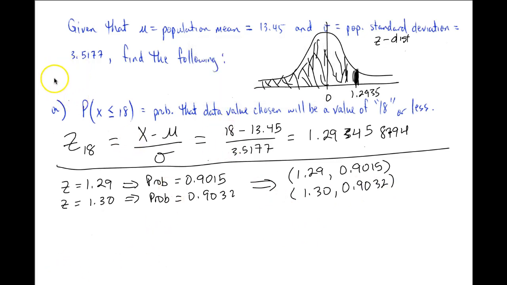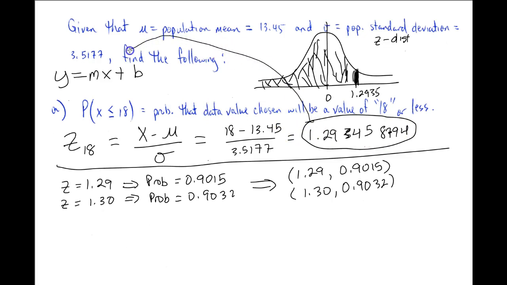Again, our goal is to be able to find some equation of a line y equals mx plus b that will allow us to be able to plug in this data value into the x value for that equation to get the corresponding y value, which will be this probability. Okay, so of course, to do that, we need to know what the slope is, and of course also the y-intercept.